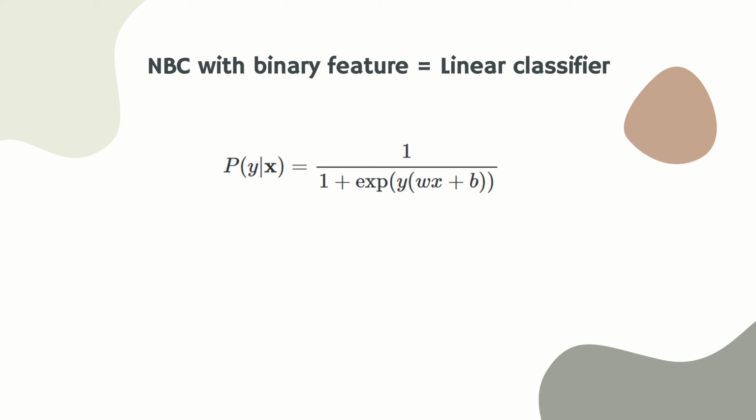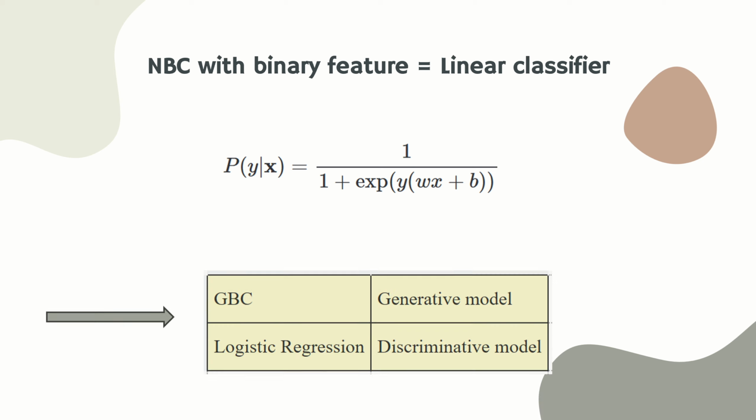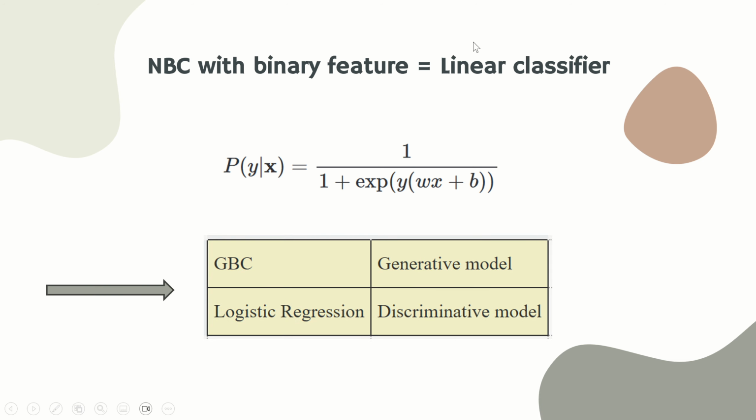Their formulas look really alike, but there's a difference. Sorry, I have not told you that logistic regression is used for continuous input, so we will compare it to Gaussian naive Bayes.